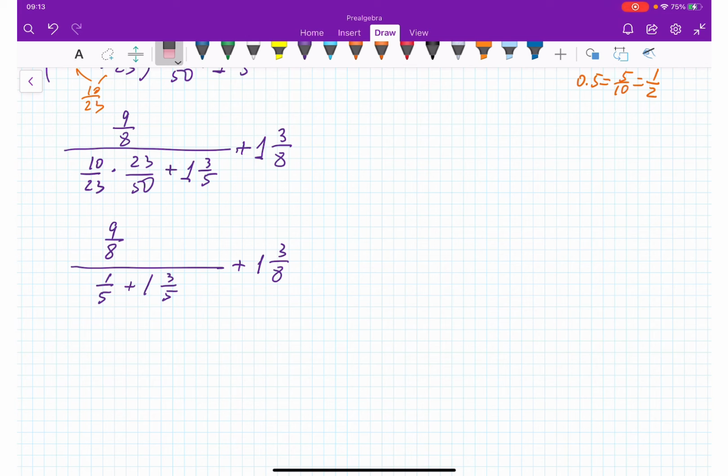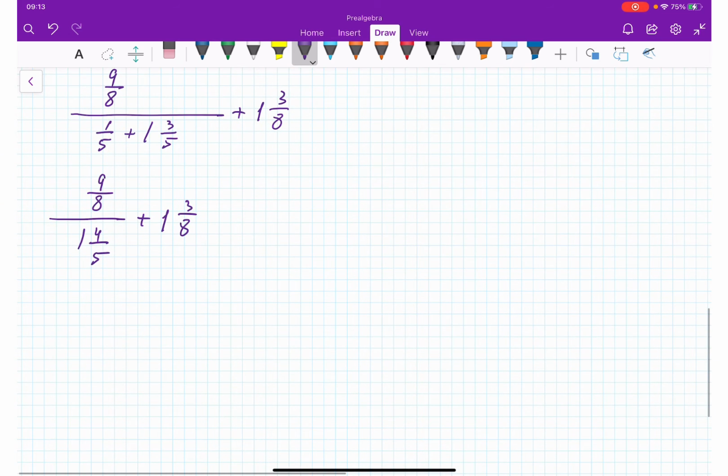Next is going to be 9 over 8 divided by, so 1/5 plus 1 and 3/5, it's going to be 1 and 4/5, right? Denominator is the same, all we do is add numerators, 1 plus 3, 4/5, and plus 1 and 3/8. Now here first we need to do division, right? We need to take 9 over 8 divided by 1 and 4/5, which is equal to 9 over 8 divided by 1 times 5 is 5 plus 4 is 9 over 5, which is equal to 9 over 8, flipping, 5 over 9.